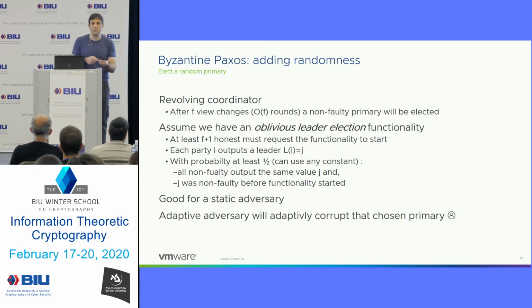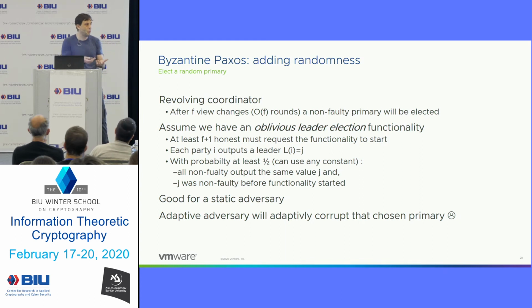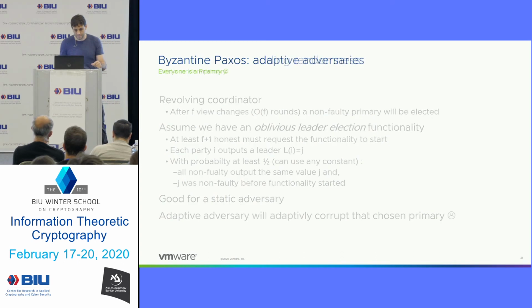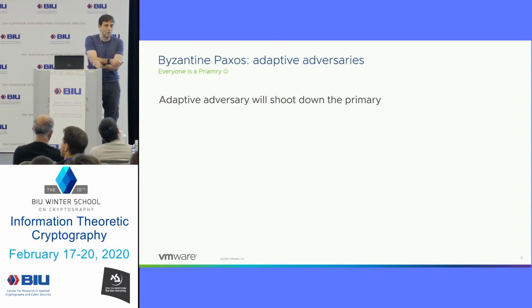The problem here is if you have an adaptive adversary. It will just wait and see who is the elected primary, and then attack this primary, right? So this is the standard approach. You wait till somebody is elected, and then you corrupt this elected official. You don't have to corrupt everybody. You wait till it's elected, and then you corrupt.